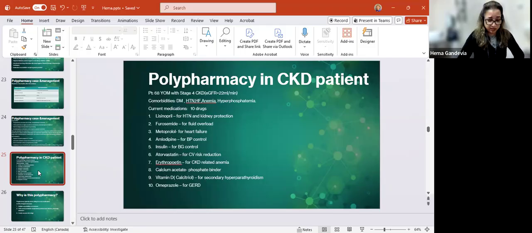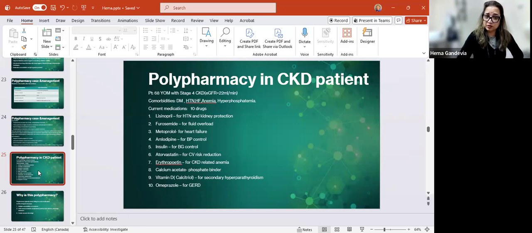His current list of medications are lisinopril, which is for hypertension and kidney protection, furosemide for fluid overload, metoprolol for heart failure, amlodipine for blood pressure control. He also is on insulin for blood glucose control, atorvastatin for cardiovascular risk reduction.